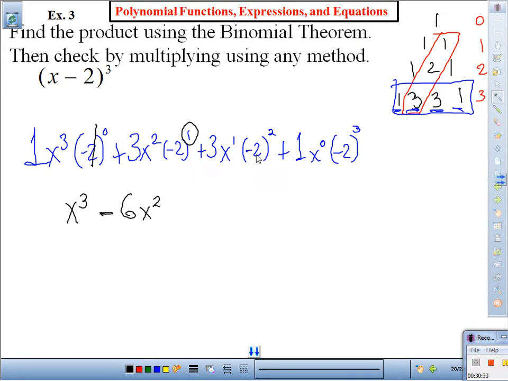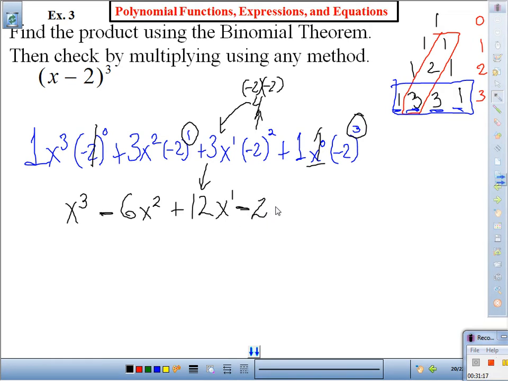Negative 2 times negative 2 is positive 4, times 3, 12. Did you see that? 4 times 3 is 12, and we bring down the x to the first. If you don't see it, let me show you this up here. Negative 2 times negative 2, that's positive 4, times 3, that's positive 12, and you bring this down. And last, x to the 0 is a 1. This is an odd number exponent, so the whole thing is going to be what? Negative. And that leaves us with what? 2.